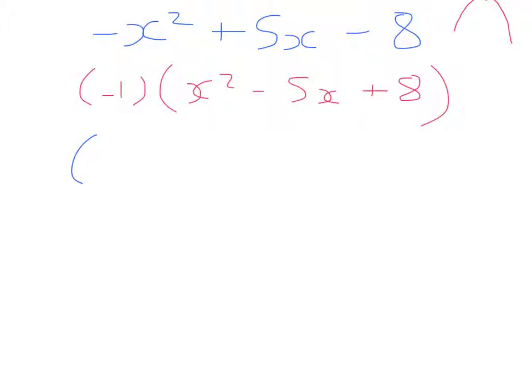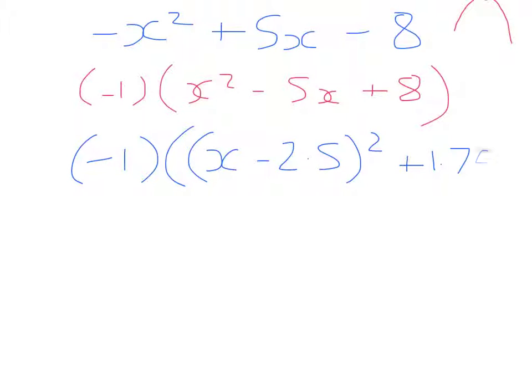I now put my completed square into here. So x minus 2.5 squared, and then that is plus 1.75. I now multiply both parts by the minus 1, which gives me minus bracket x minus 2.5 squared, and then I get minus 1.75.